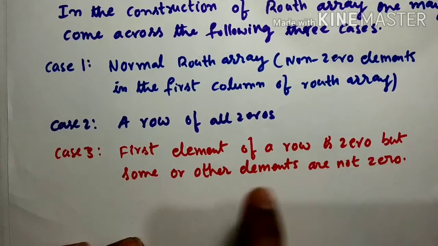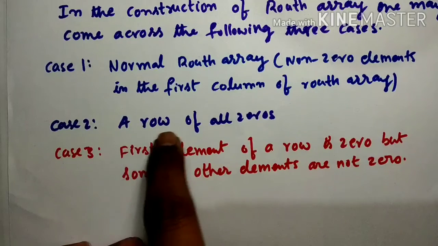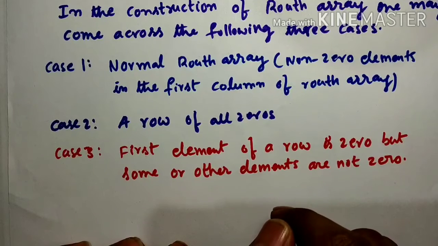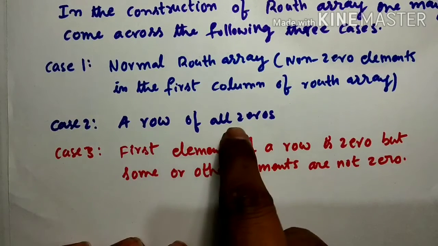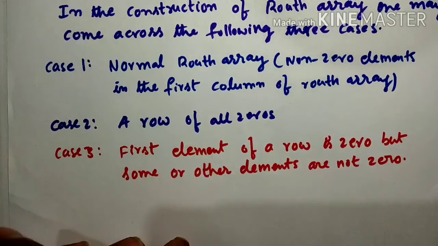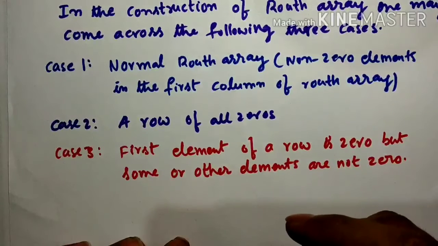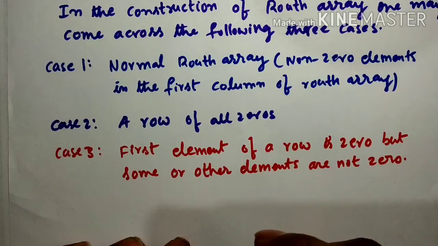The second case is a row of all zeros. We have done two problems on this case. When you are doing a Routh array problem, you may come across a complete row that becomes all zeros.